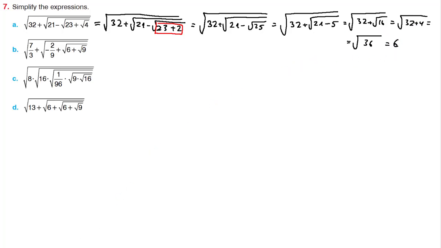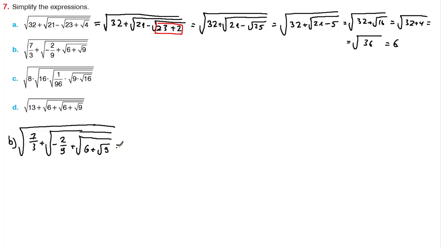Alright, the same goes for b. Let's solve b here. We have square root of 7 over 3 plus square root of negative 2 over 9 plus square root of, we should extend these ones to make them equal, plus square root of 9. Alright, so what do you get here?